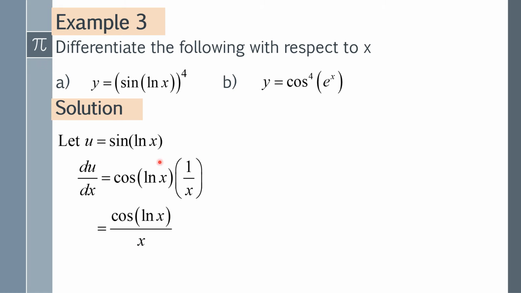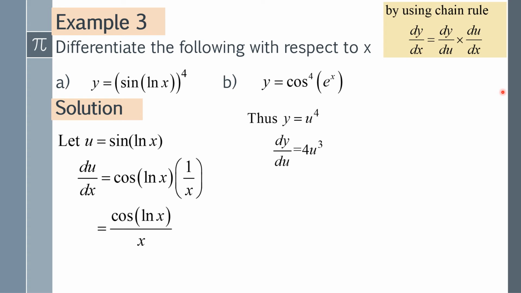After that, if u equals sin(ln x), thus y equals u to the power of 4. dy/du, we get 4u to the power of 3. This one we differentiate using the power rule. After that, by using the chain rule, dy/dx equals dy/du times du/dx.